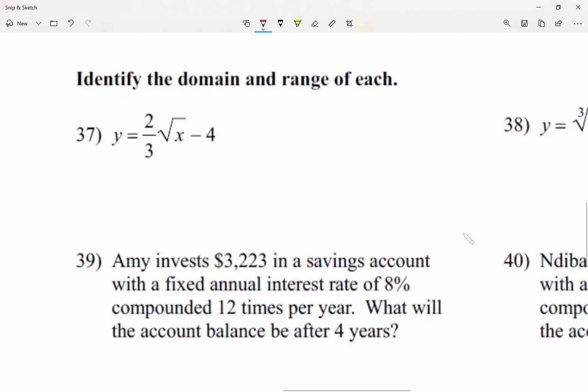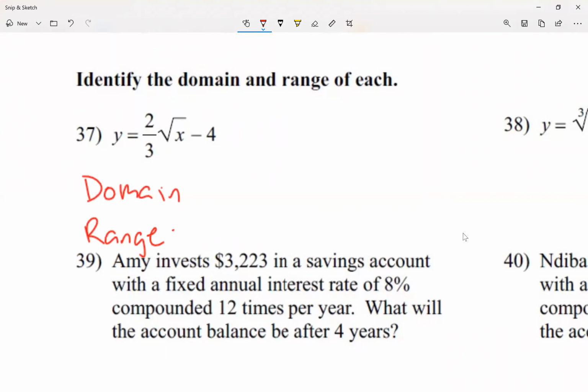Now, 37, 38, our domain and range. I know yesterday I said that domain are the possible x values and range are the possible y values. So for my domain, I'm looking at x, the square root of x.